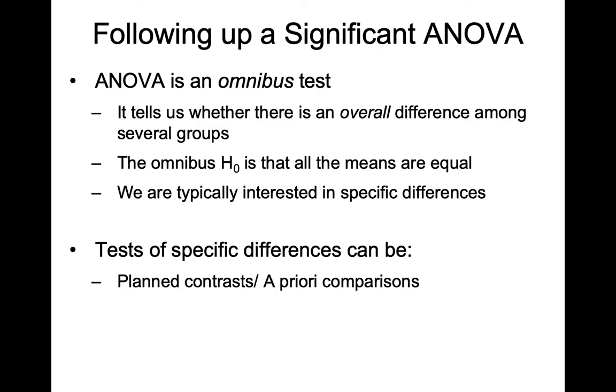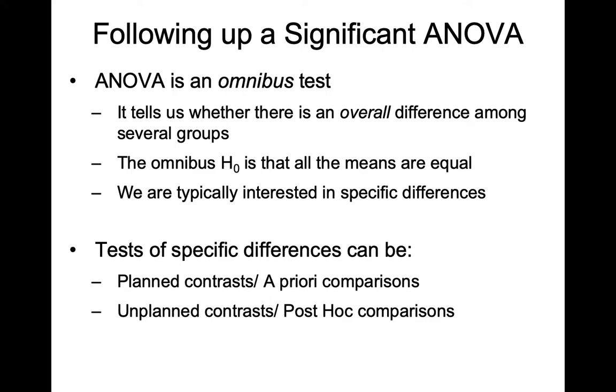And so before they even collect the data, they might say to themselves, I would really like to know, do people that are securely attached have a different amount of trust in their relationships than people who are avoidantly attached? And do people who are securely attached have a different amount of trust than people who are anxious and ambivalent? So like those two comparisons might be planned in advance.